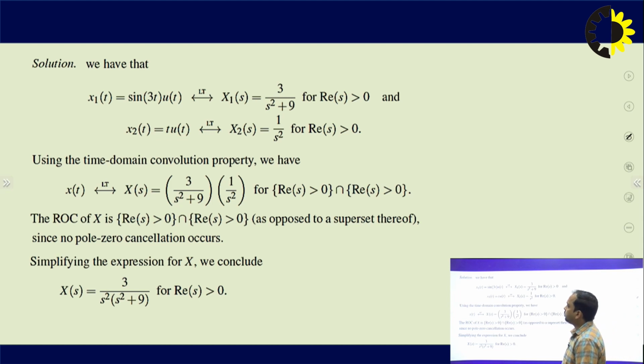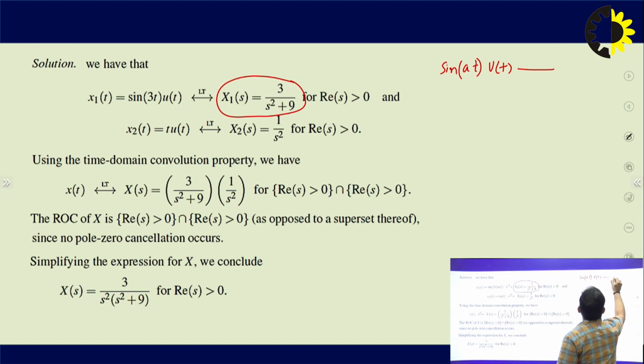Basically we have utilized directly that if we have sin(at)u(t), the Laplace transform will be a divided by s squared plus a squared.